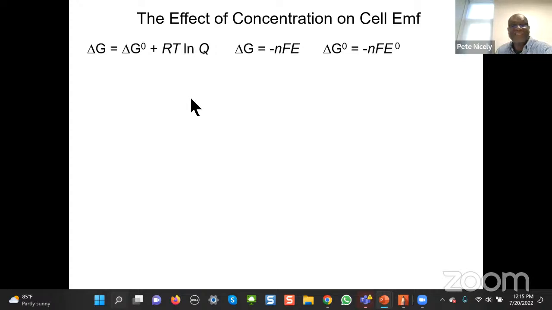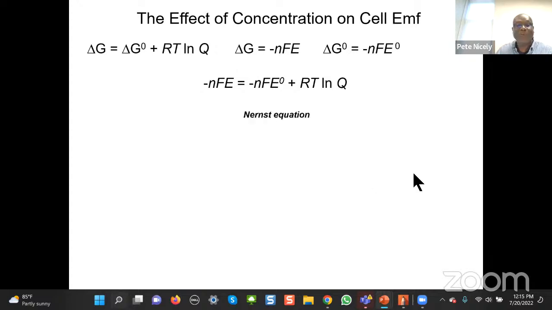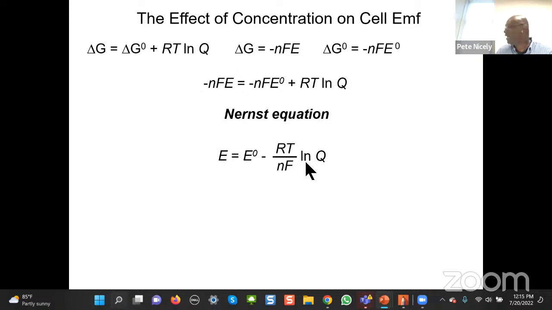When we do that, this would be the result, right? And then we can derive an equation where we relate E to everything else by dividing right through by minus nF. So when we do that, we end up with the Nernst equation, which is E is equal to standard E minus RT over nF times ln Q, all right?